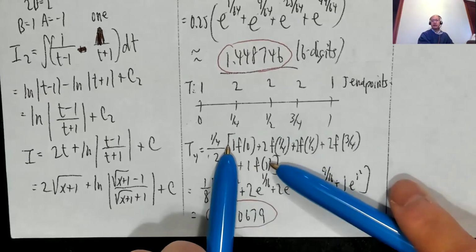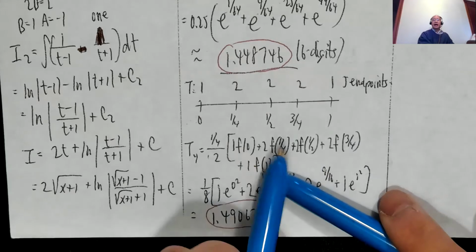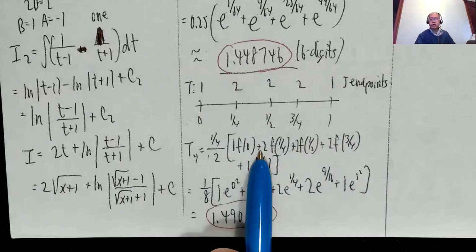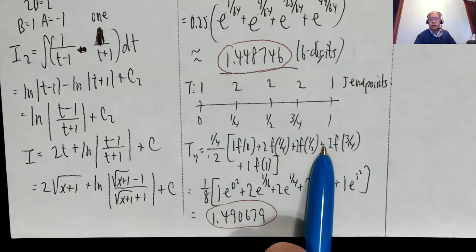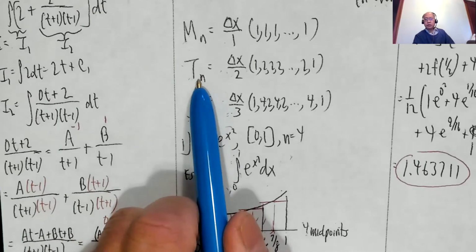And yeah, you could say you don't really need to write the 1, which is true. 1 times anything is itself. And all the in-between points get a coefficient of 2. So notice it's 2 f of 1/4 plus 2 f of 1/2 plus 2 f of 3/4 plus 1 f of 1. So that's the meaning of this trapezoidal rule.